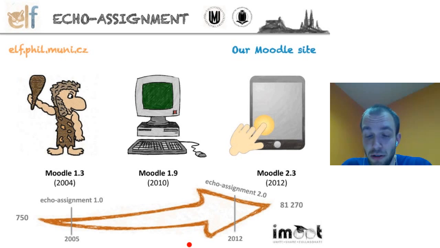I just wanted to point out that the echo assignment is nothing new actually with our site, because quite early on teachers demanded an assignment module with this functionality, so it started actually in 2005. But with the upgrade to 2.2 and 2.3, we needed to revise the module from scratch almost.